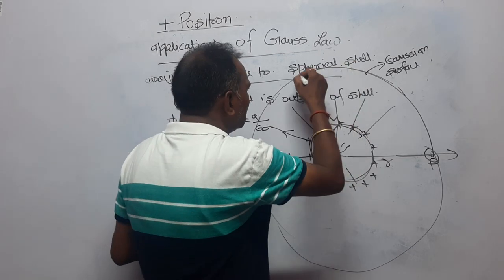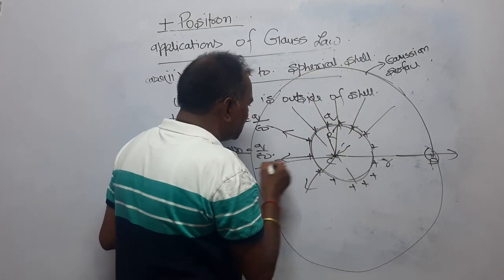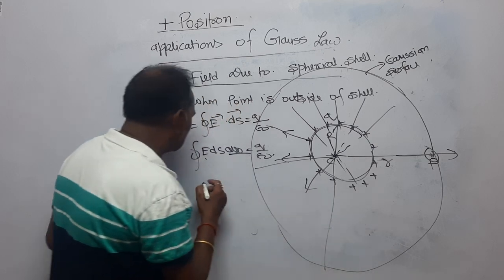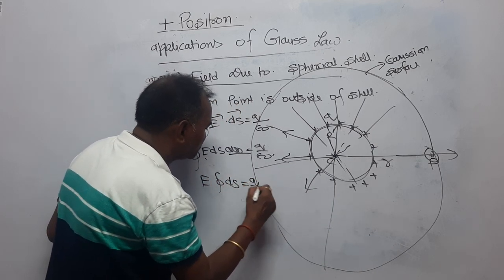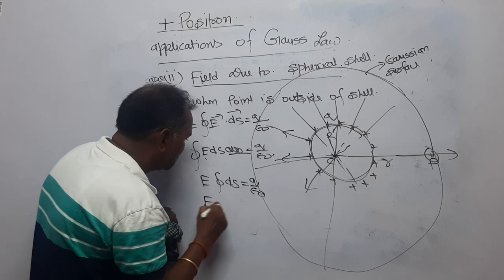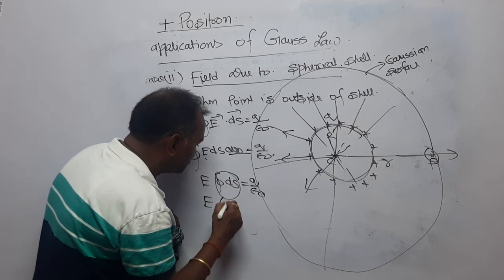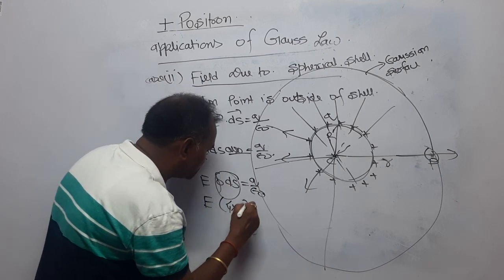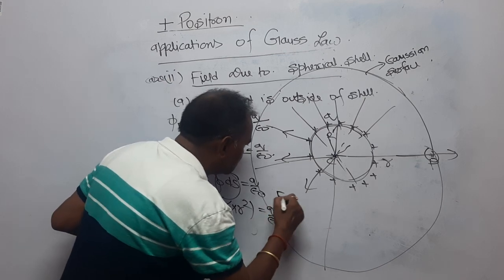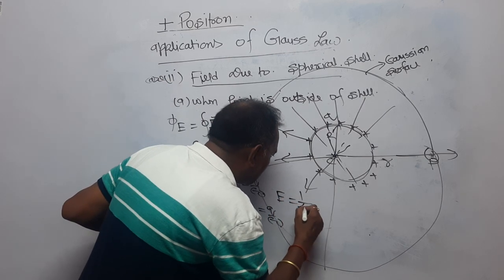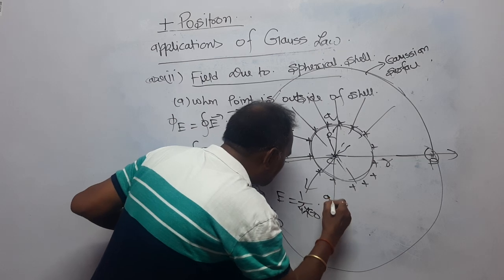Again, each and every point is at equal distance from the center, so E is a constant you can take out. Integral ds is what? 4 pi r square. So E times 4 pi r square is equal to Q upon epsilon naught. E is equal to 1 upon 4 pi epsilon naught Q upon r square.